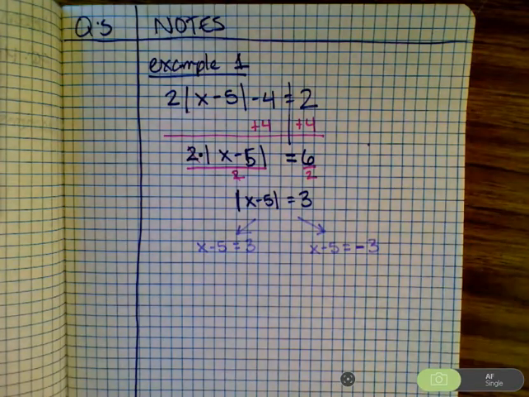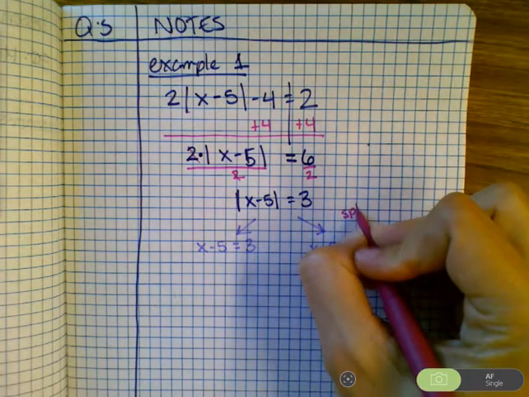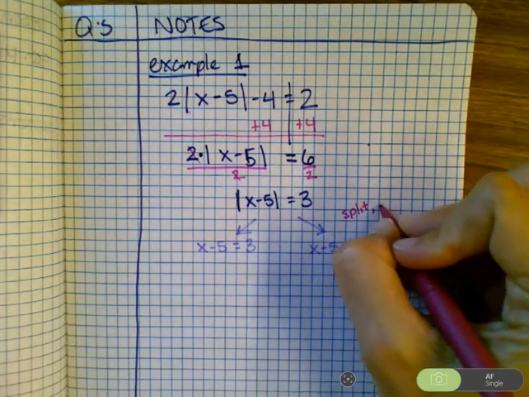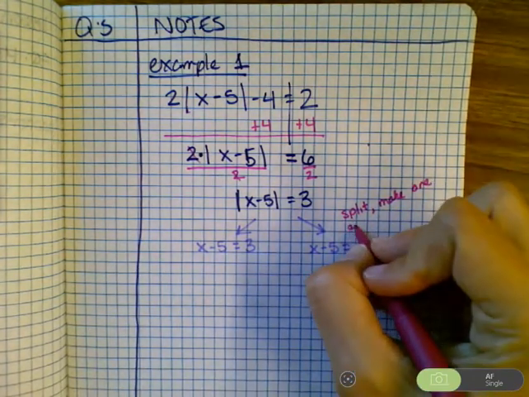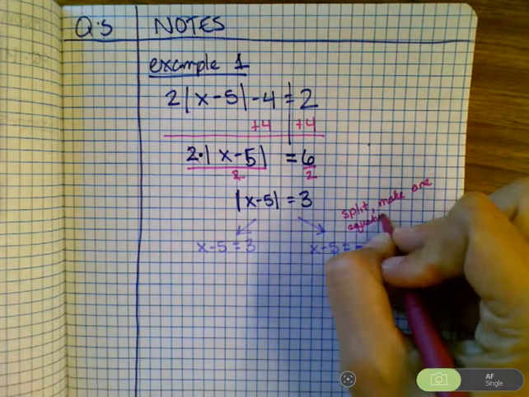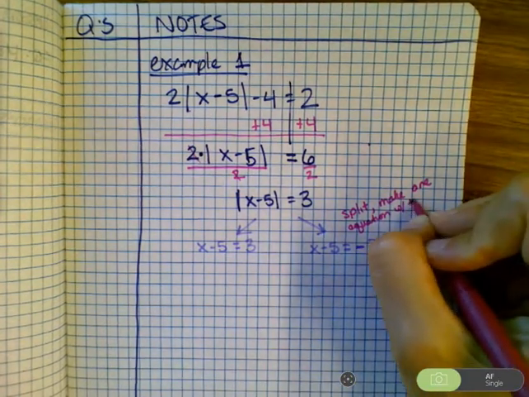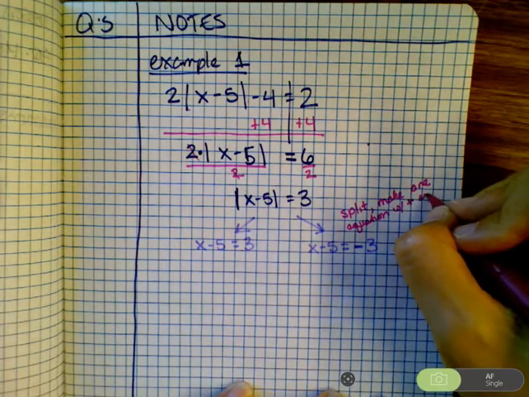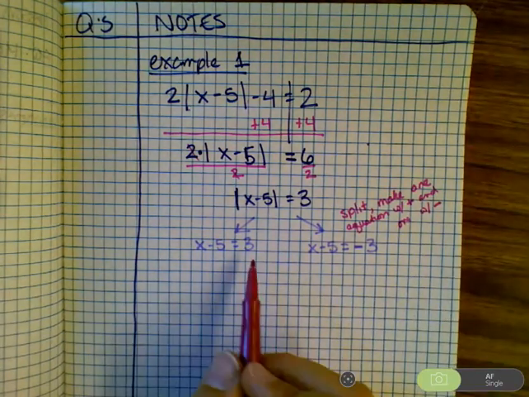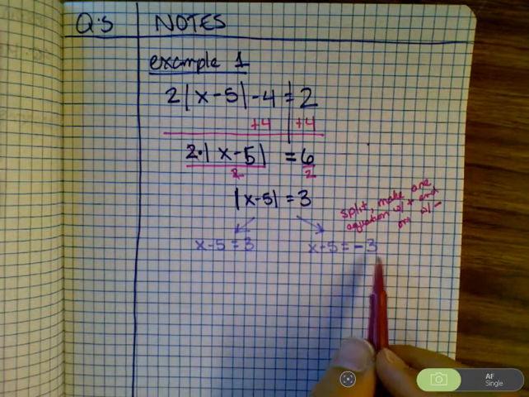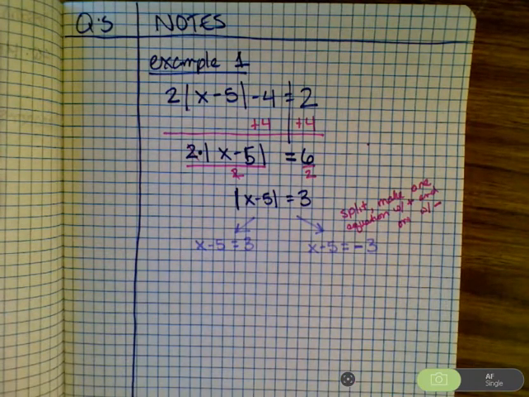When we get rid of the absolute value, we split it and make one equation with the positive answer and one with the negative answer. So my positive answer is 3, my negative answer is negative 3. From there, we go back to what we know about solving.